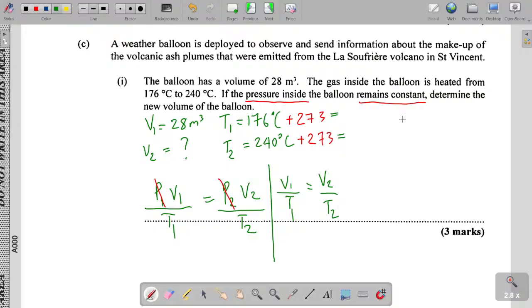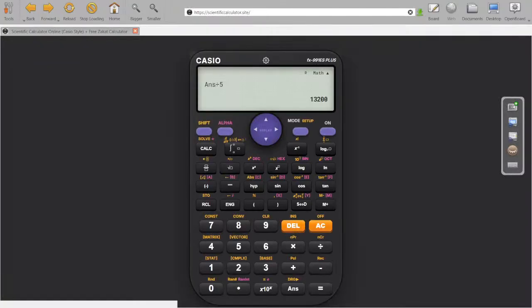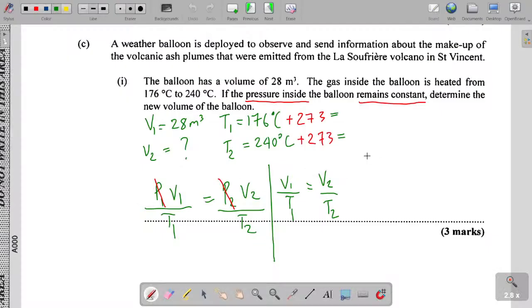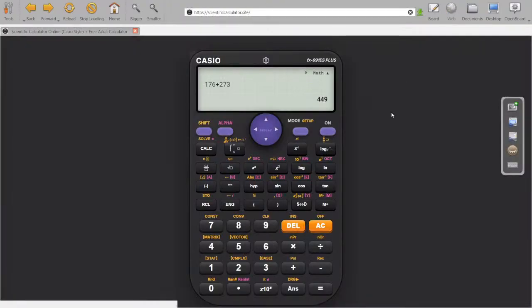So our first value here, which is 176, plus 273, is going to give us a value of 449. So that's 449 Kelvin. Our next value here is 240 plus 273.